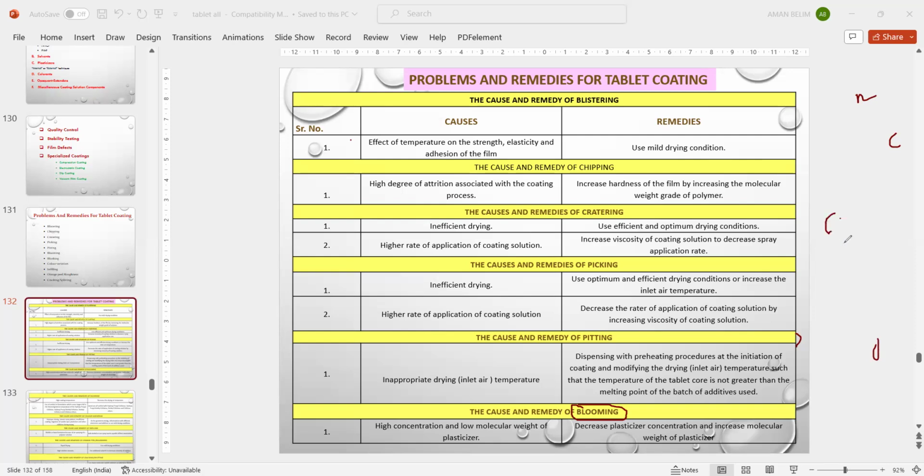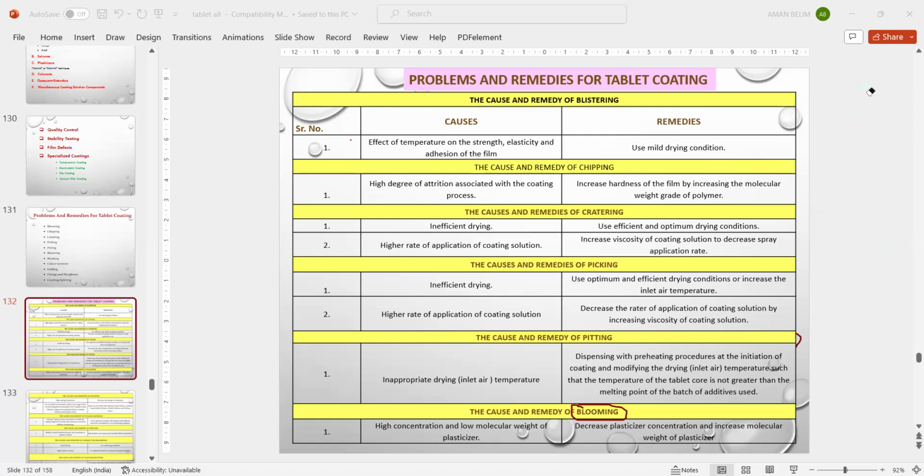And that blooming will be specifically observed with cellulosic polymers. So it is very important. These are all about the coating problems and their remedies.